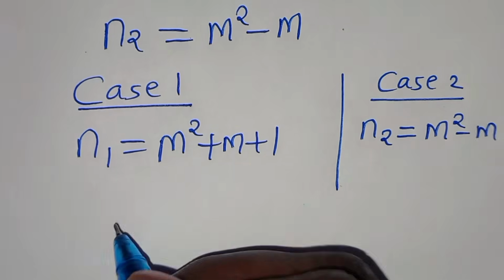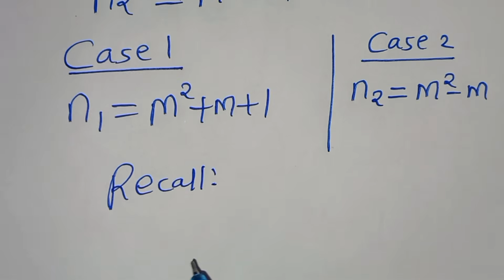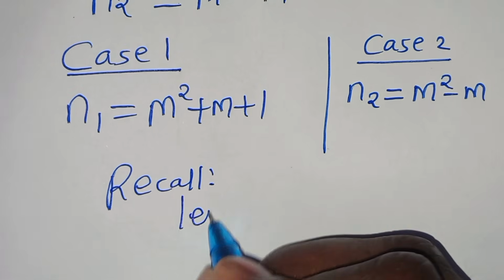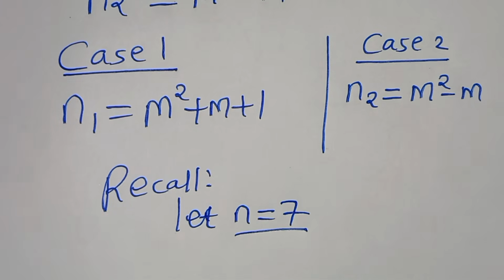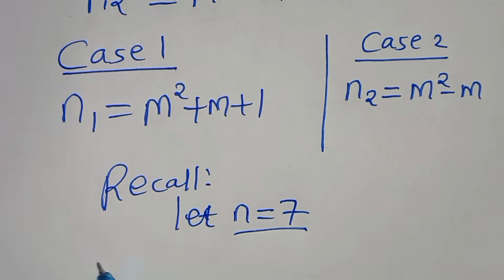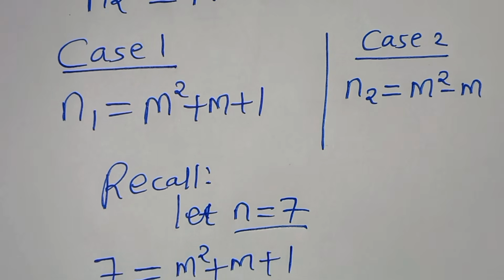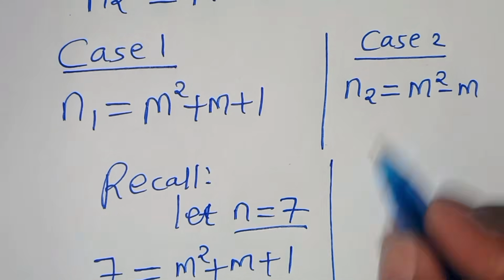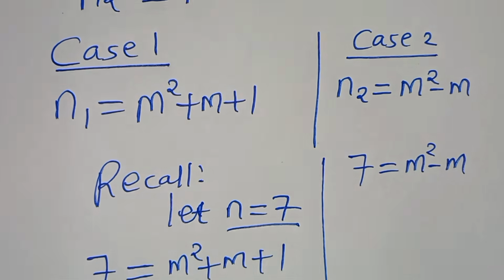Now if you recall, we are saying that we let n be equal to 7. So if we substitute the value of 7 in this equation here, then this means we have 7 is equal to m squared plus m, then plus 1. And here we have 7 is equal to m squared minus m.